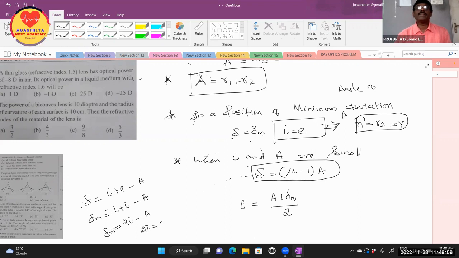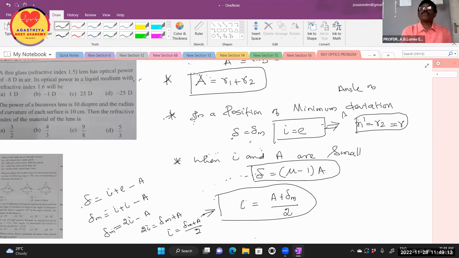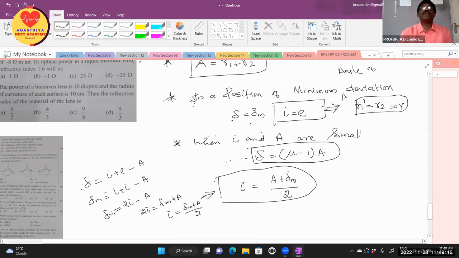Therefore, 2I is delta m plus A, so I is equal to delta m plus A divided by 2. This is the condition. Suppose you forgot this formula, you can derive it from this basic formula.